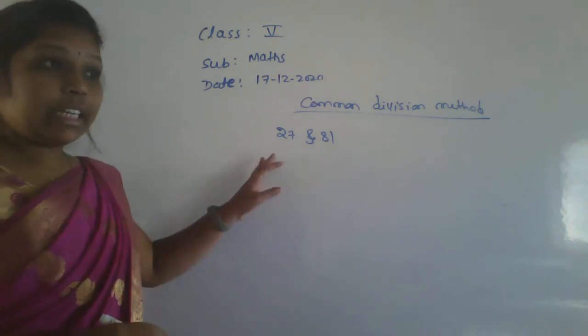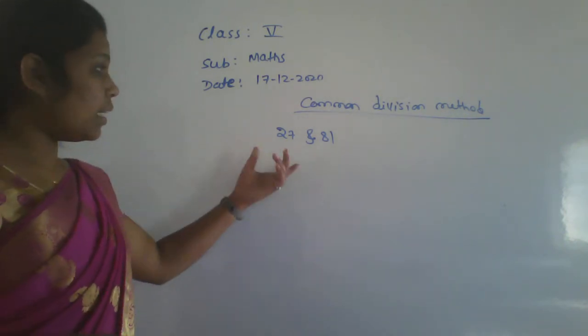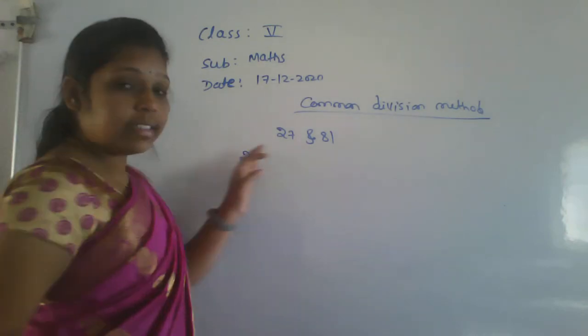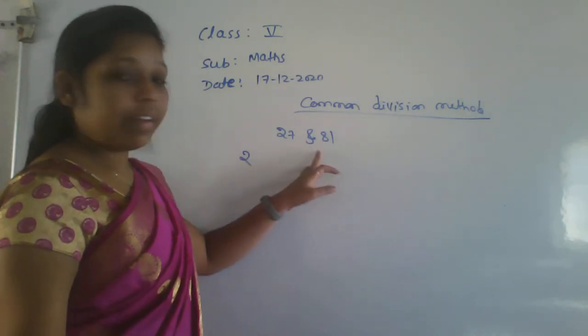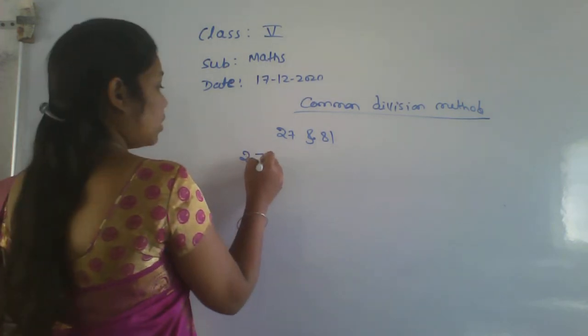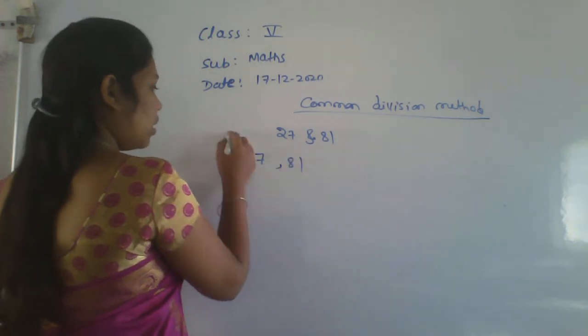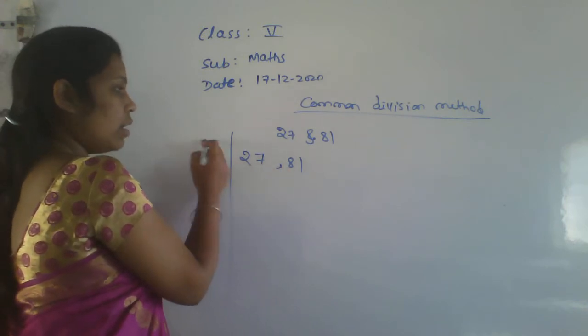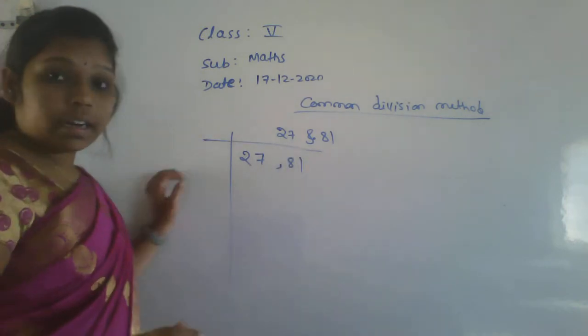We can divide both numbers directly at a time. So here you have to find the LCM of 27 and 81 using the common division method. Take the two numbers directly, 27 comma 81, and divide both at a time.